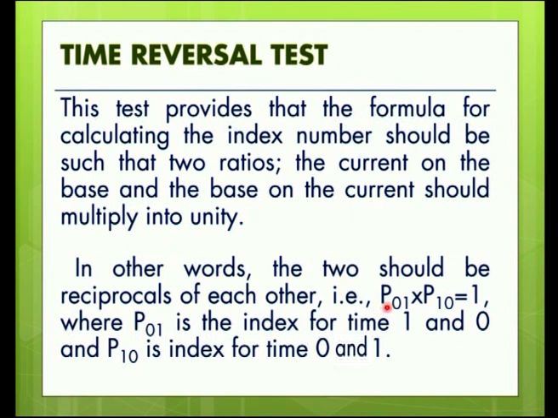The current year price index with respect to the base year is represented as P01, and the base year with respect to the current year is represented as P10. That product should be equal to 1. So, P01 into P10 should be equal to 1, where P01 is the index for time 1 on 0 and P10 is the index for time 0 on 1.